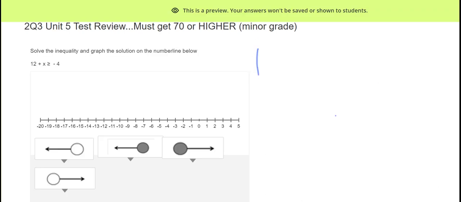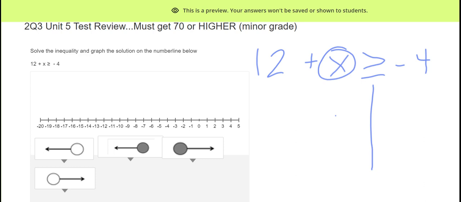Okay, looking at number 9, we're going to write down the inequality as we see it. Set it up to solve, separate the left side and the right side, circle your variable term. This is only one step to solve. The opposite of adding 12 or having positive 12 is subtracting 12.